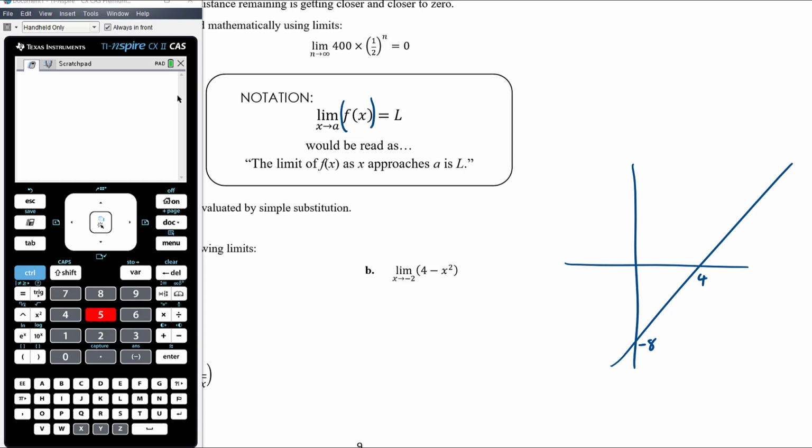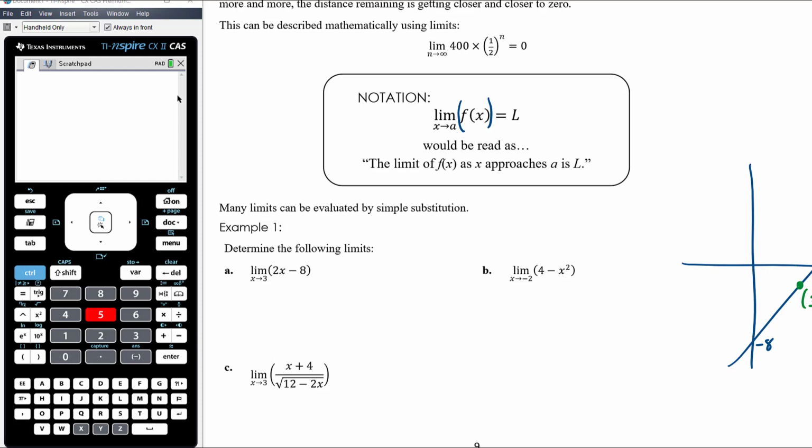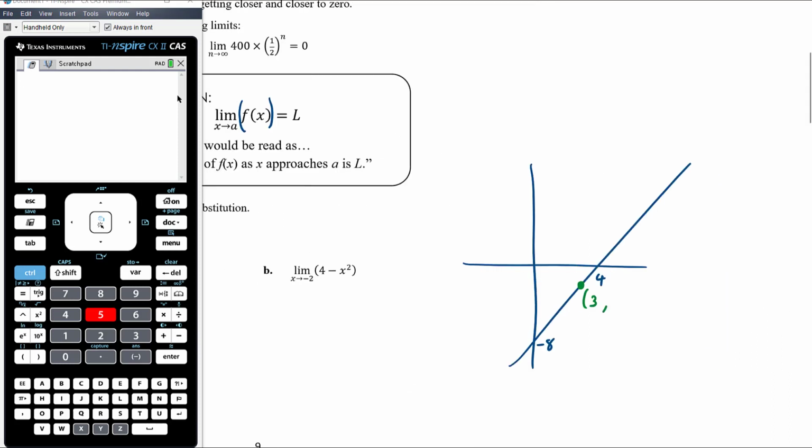Okay, so what we're saying is as x approaches 3, as we're travelling along this curve, that's the point 3 there, and we can calculate the value. When x is 3, y is going to be 6 minus 8, so it's going to be negative 2. So as x gets closer and closer to 3, as I'm travelling along this curve with the x coordinate getting closer and closer to 3, whether I'm coming from this direction or from this direction, what value of the function am I actually approaching?